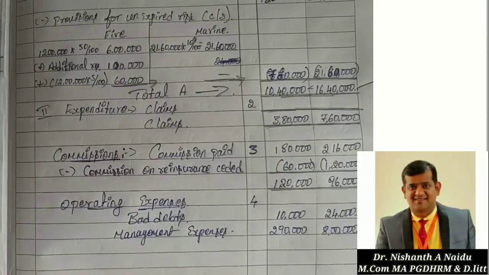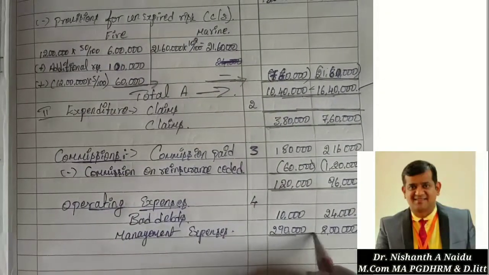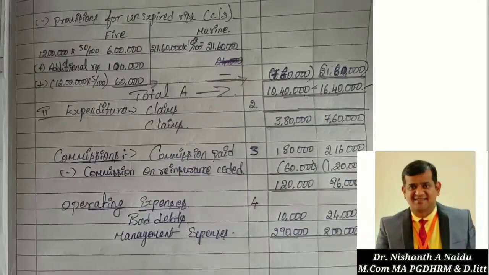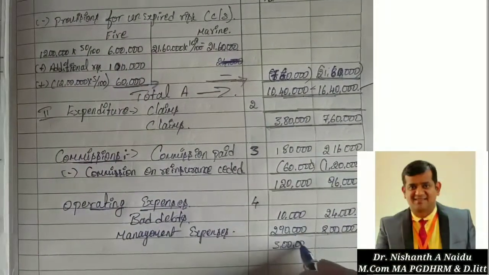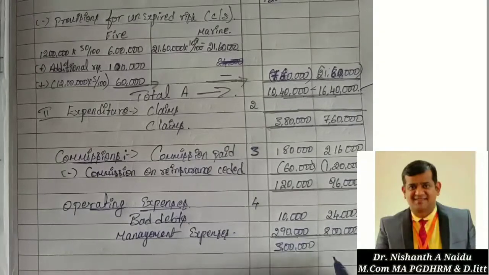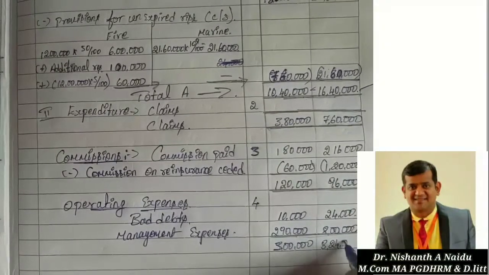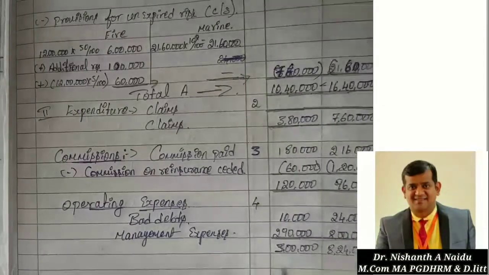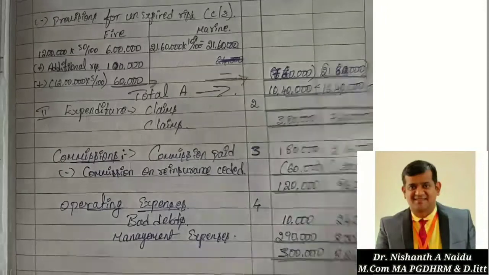So I think now we have to do the total of schedule number 4. So do the total. This is going to be 2,90,000 plus 10,000, 3 lakh, and this is going to be 8,24,000. So this is the total of schedule number 4.